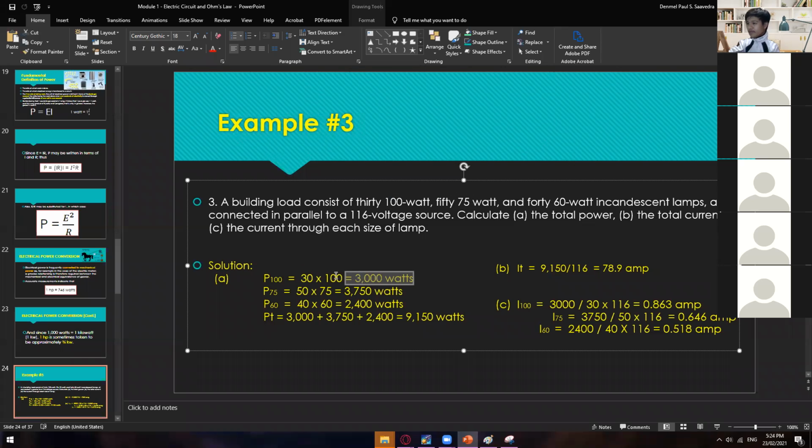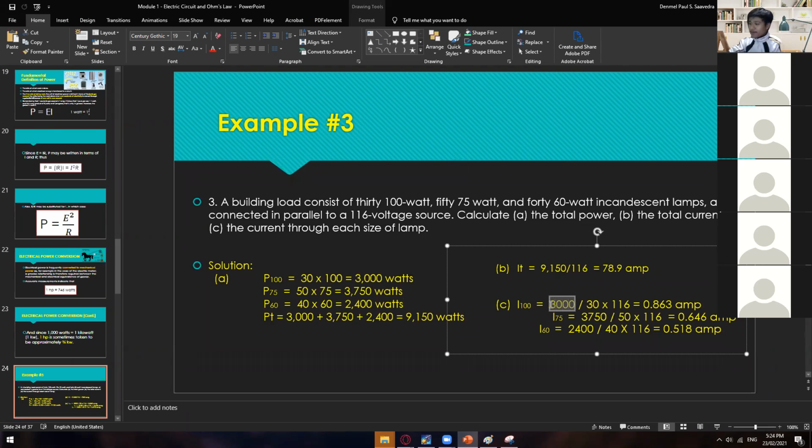So we have here the individual power of P sub 100, individual power of P sub 75, and then individual power of P sub 60. From there, you can still use this formula, I is equal to P divided by E, but with their individual corresponding variables.